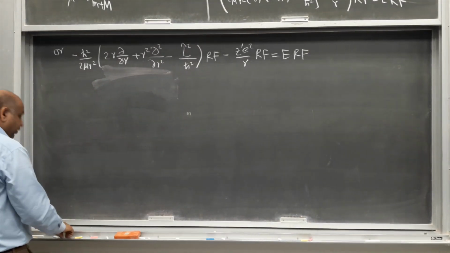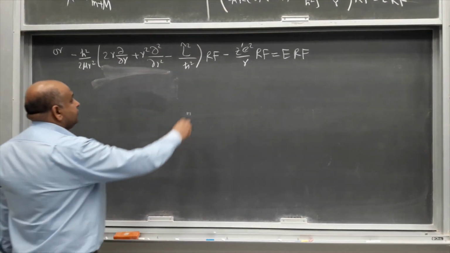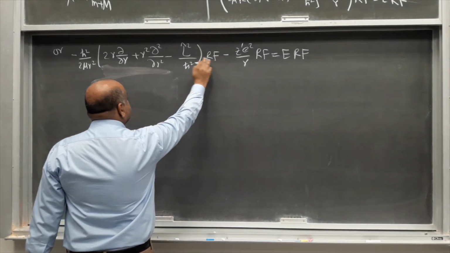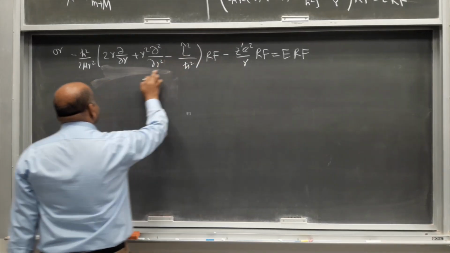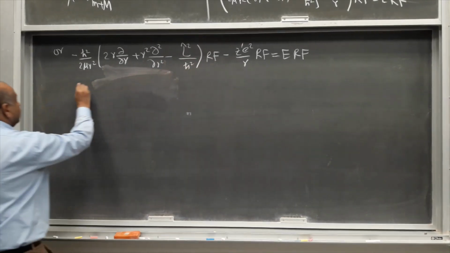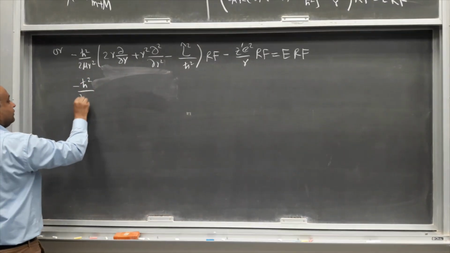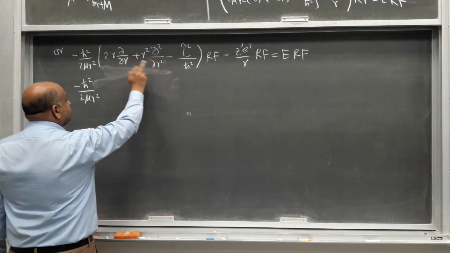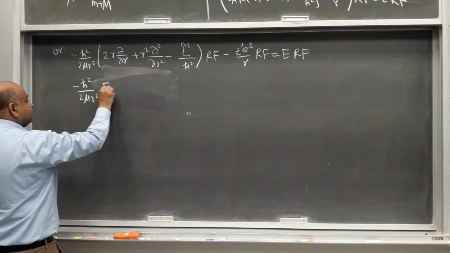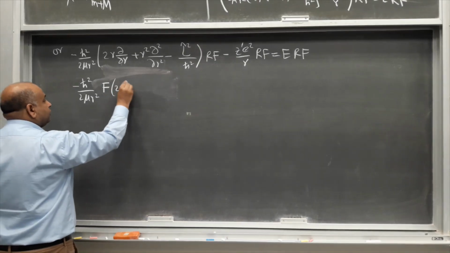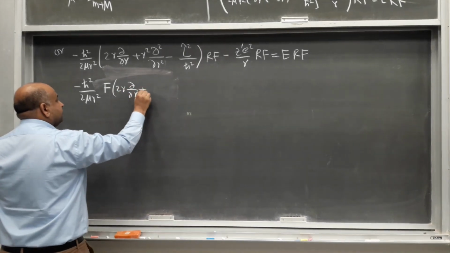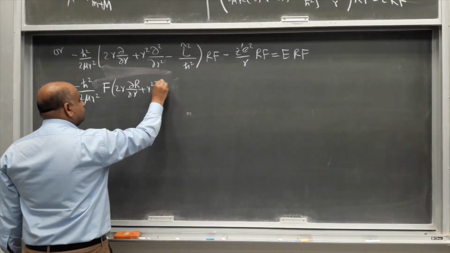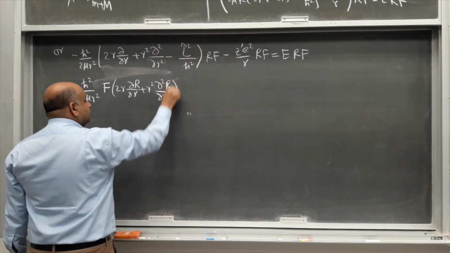So we notice one thing very easily. This is a function of r, this is a function of theta phi. So when this L square operates on both, and when all of this operates on both, I can see one thing, that these two don't affect f, so f gets out, and this 2r partial r plus r square partial square r, maybe I can put capital R here.